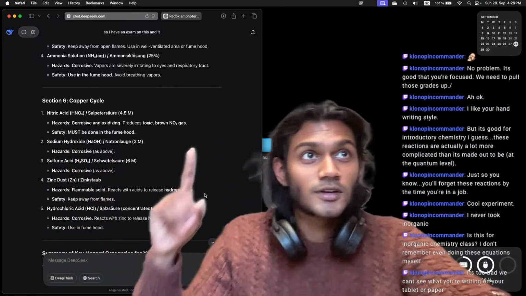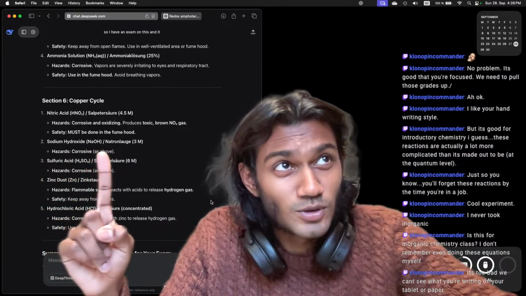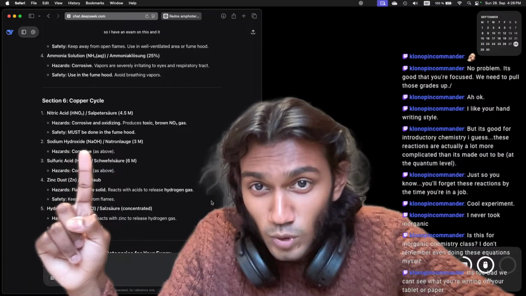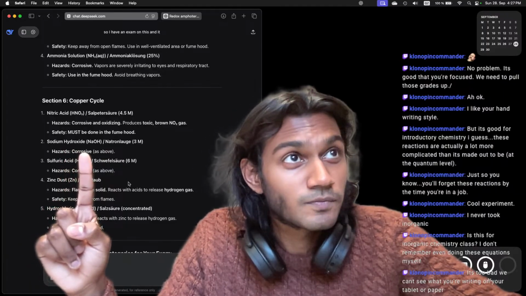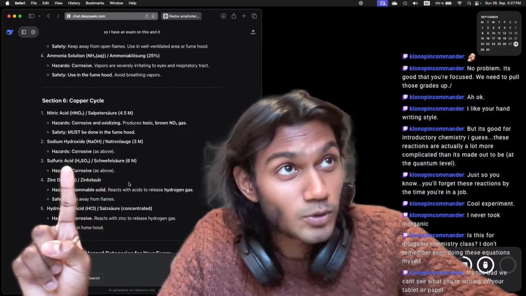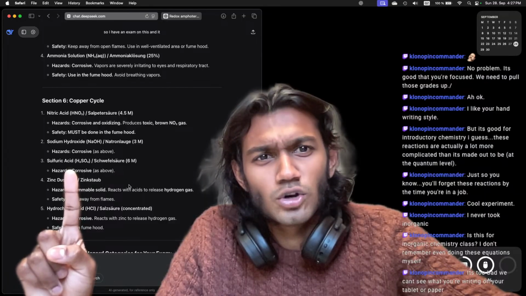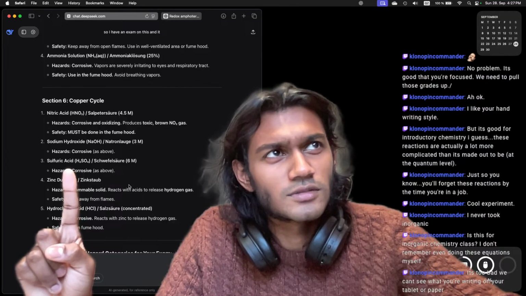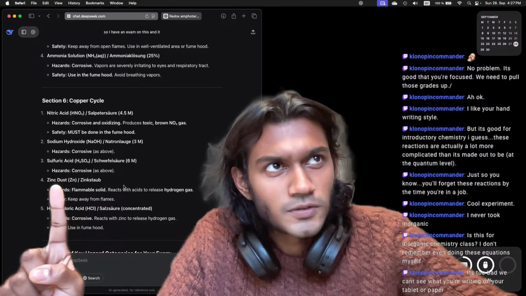Don't do this. Sodium hydroxide. This is not sodium chloride. It's sodium hydroxide. It's corrosive. So don't bring it near anything. Sulfuric acid, same, corrosive. Zinc dust. It's flammable.